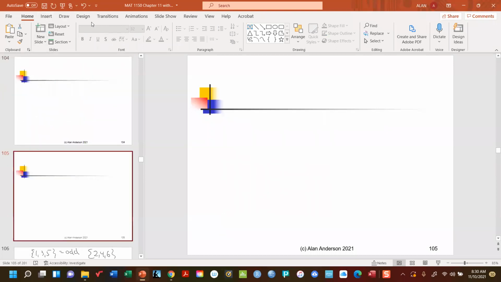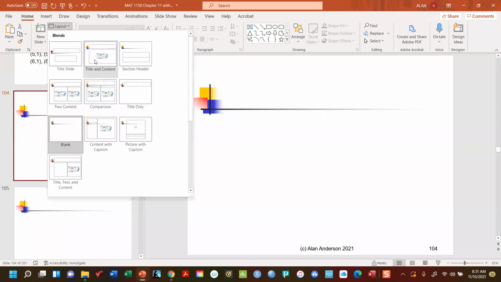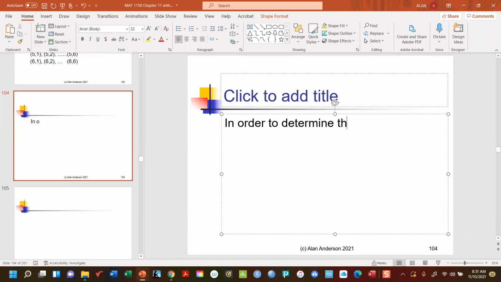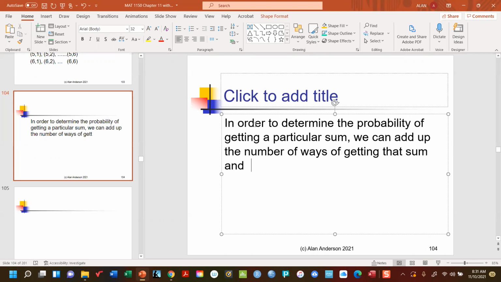So what you would need to do, in order to determine the probability of getting a particular sum, is add up the number of ways of getting that sum and then divide by 36.